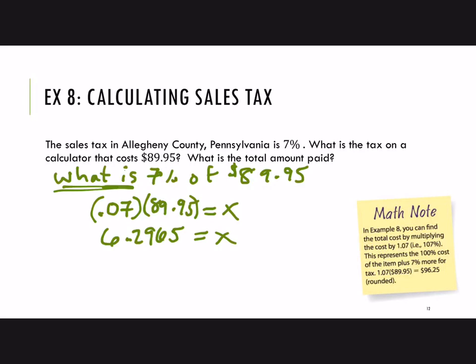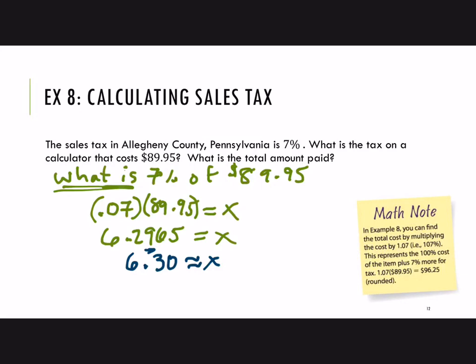Since we're talking about sales tax, it would make sense to round to the nearest cent. Okay, so that's this place. So look to the number to the right, it's a 6. So I should round the 9 up to a 10, and that's going to carry over and make this $6.30. Okay, so tax is about $6.30.